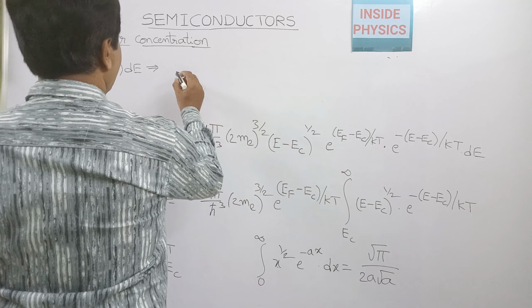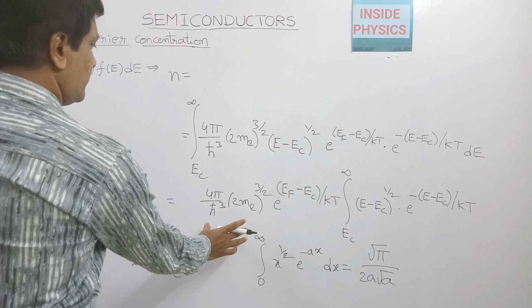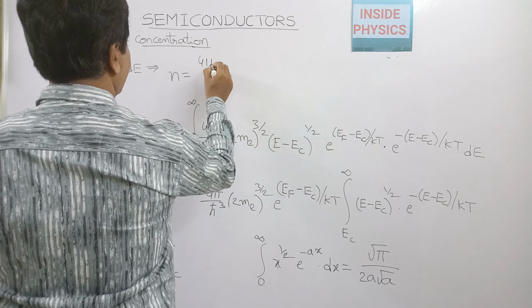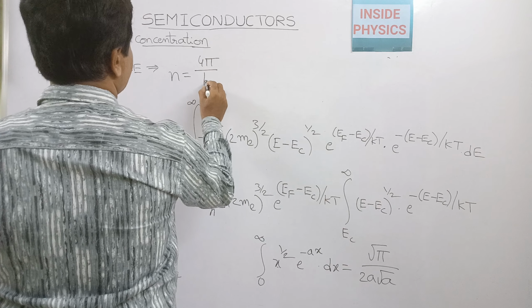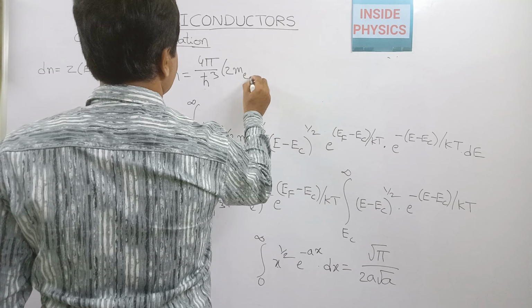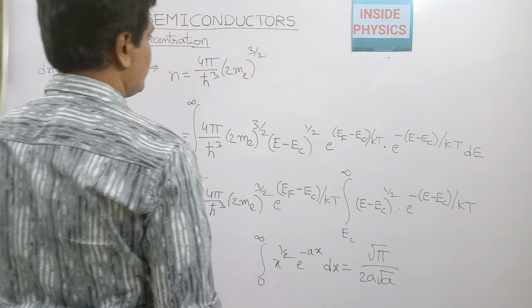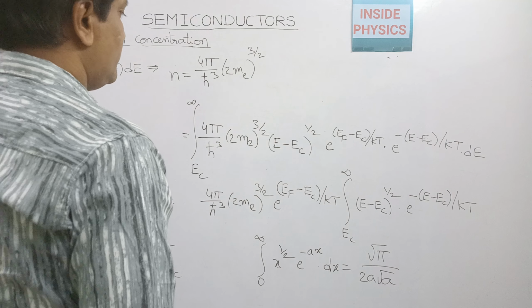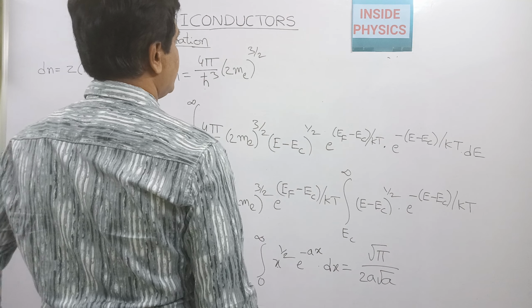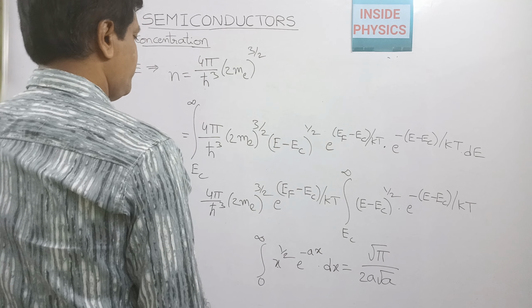We'll erase the first step and we'll arrange the integral form here. We can write n is equal to, this is the term that will remain the same, which does not take part in the integration. Me here is the effective mass of electron, Ef is Fermi energy, Ec is the potential energy of the electron at rest.